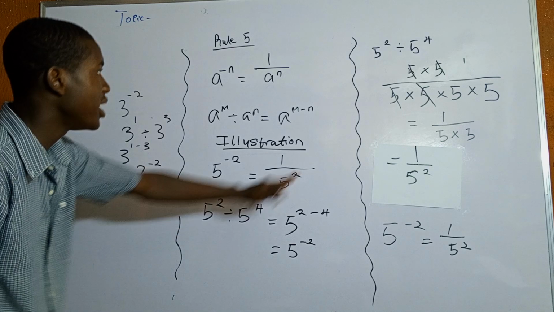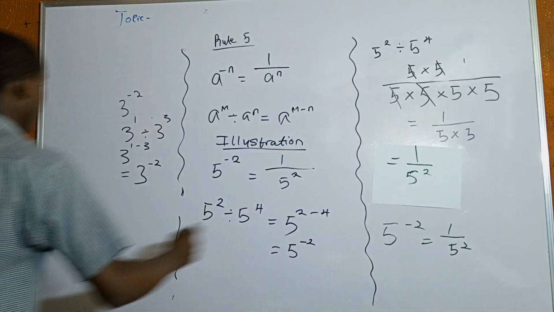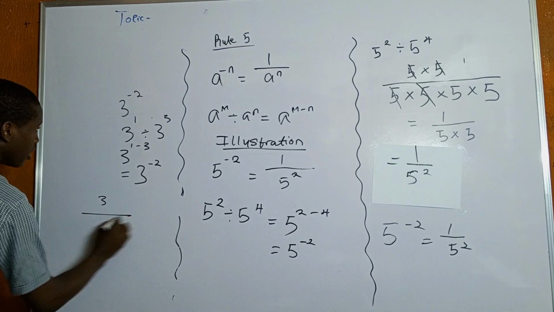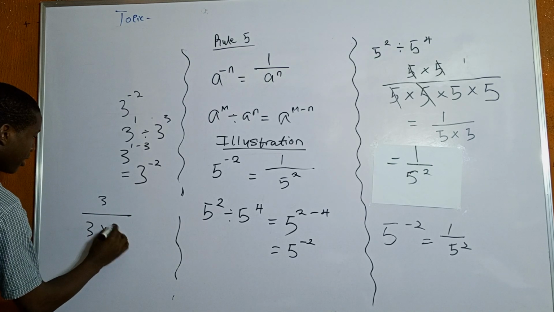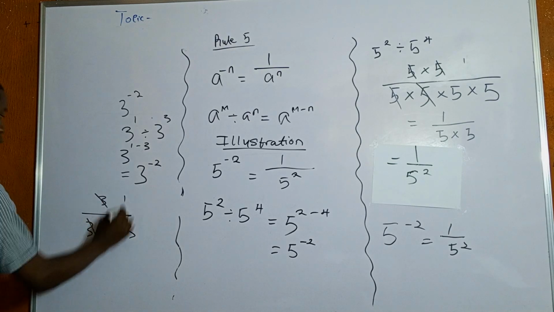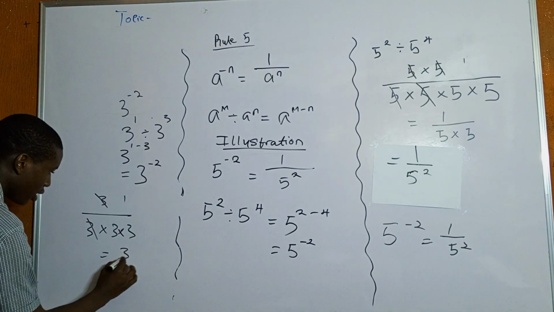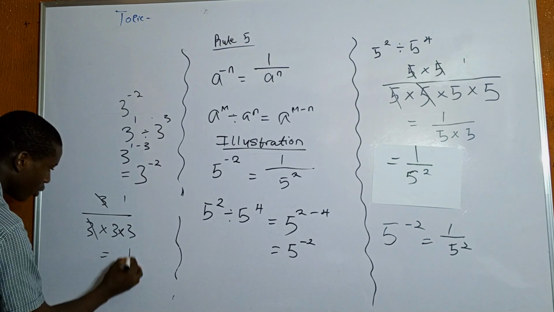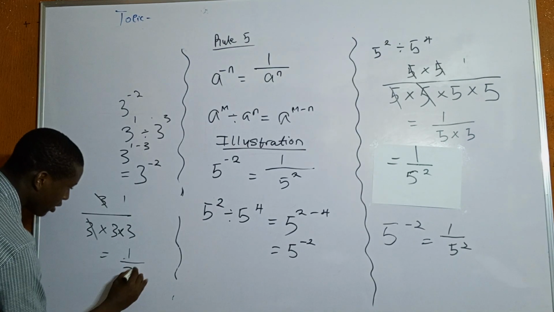Now when you do the remaining steps, you have 3 over 3 multiplied by 3 multiplied by 3. Now if we divide, we have 1 over 3 multiplied by 3, which will be 3 raised to the power 2, so 1 over 3 raised to the power 2.